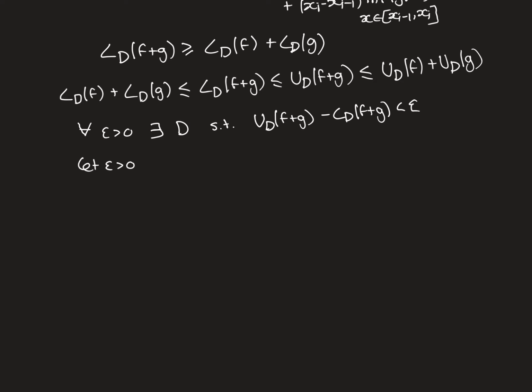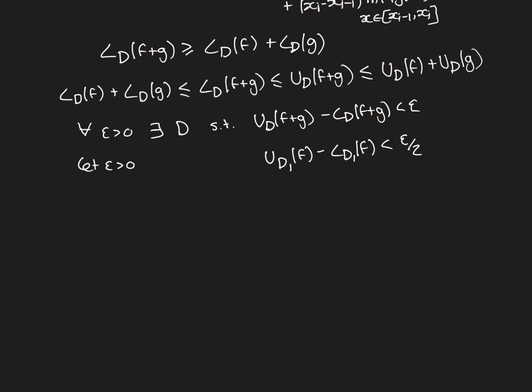So starting with f, because f is Riemann integrable, I can find you a dissection and we'll call that dissection d1, such that the upper Riemann sum over that dissection d1 minus the lower Riemann sum over that dissection d1 is less than, now I'm not going to choose epsilon, instead I'm going to choose epsilon over 2.